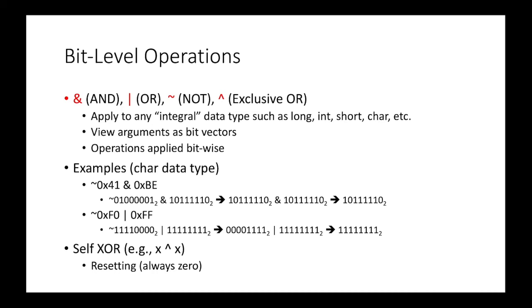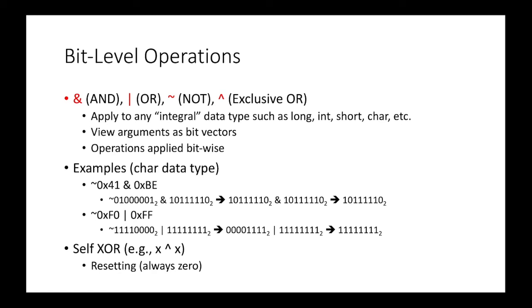Here's an example: NOT of hex 41 bitwise AND hex BE. First, we convert them to binary bit vectors and apply bitwise unary NOT followed by bitwise AND. The same thing for the second example, which has a bitwise OR instead of AND.